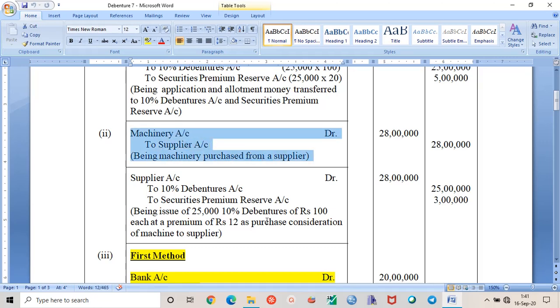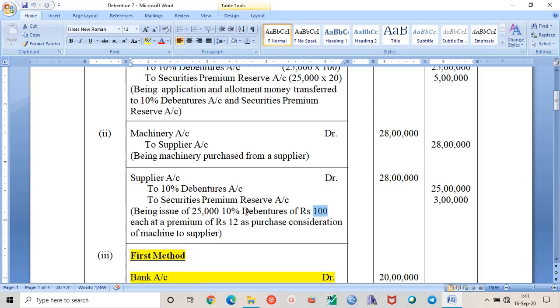Now when we pay off the money to the supplier, we have to pay them rupees 28,000. But we have debentures of rupees 25,000 because 25,000 debentures, 100 rupees is the face value. So it will be only 25,000.